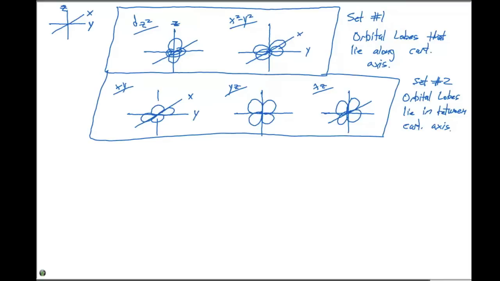So for set number 1, we're going to have a strong interaction, or we could say a strong overlap, with ligands along the x, y, z axis.